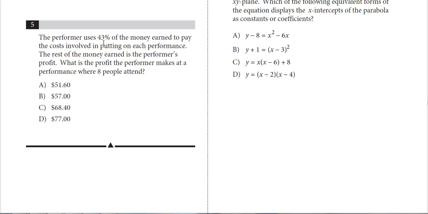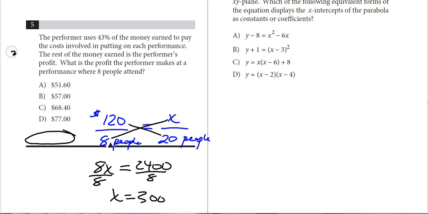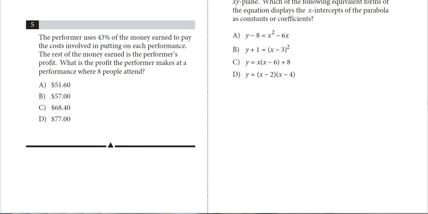It says the performer uses 43% of the money here to pay the costs. The rest of the money is the profit. What is the profit? They want to know, what is the profit you make at a performance where 8 people attend? Well, we already figured out from up above, when 8 people attend, that is $120.